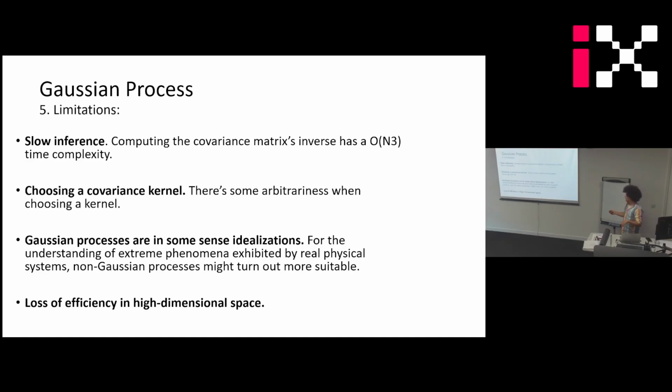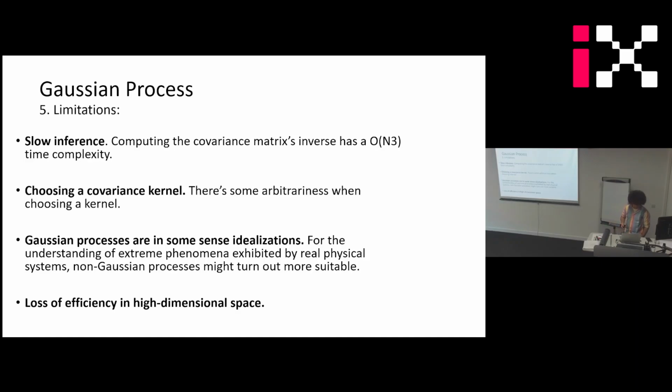The importance of choosing a covariance kernel, and how you can take out bias from choosing that kernel, or how to choose the right kernel for the right application. There's also the question that Gaussian processes are in some sense an idealization, and that you could have a different approach than Gaussian that is more suitable for your application, and that comes back to what Ben mentioned.